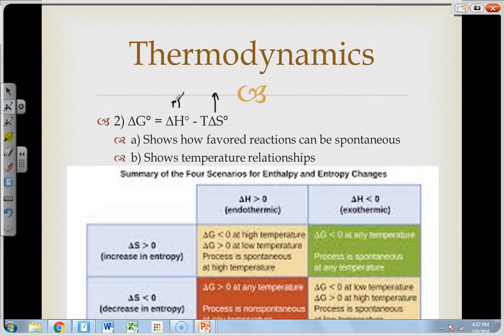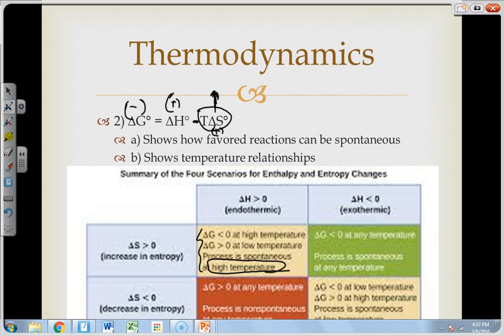If delta H is positive and delta S is positive, this whole term is going to be positive, and in order to subtract something that will make the overall value negative, this has to be a large value. So that means this process is only spontaneous at high temperature.